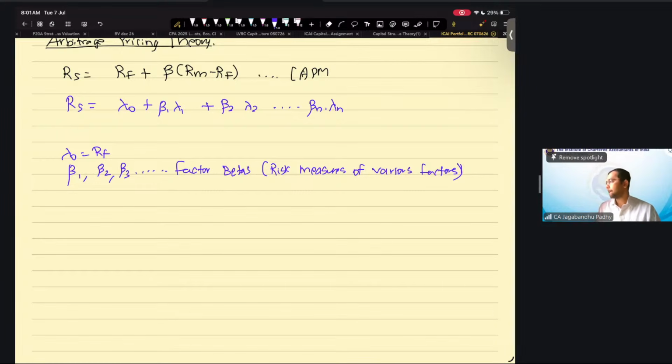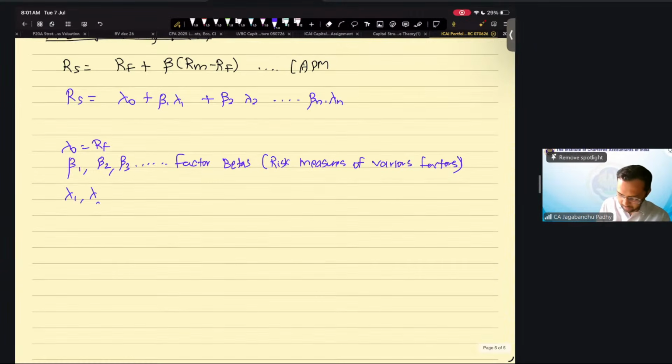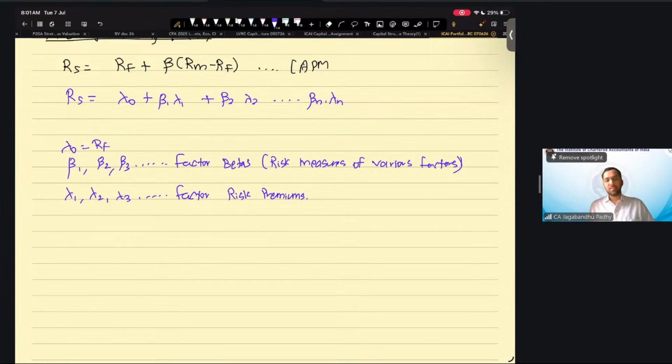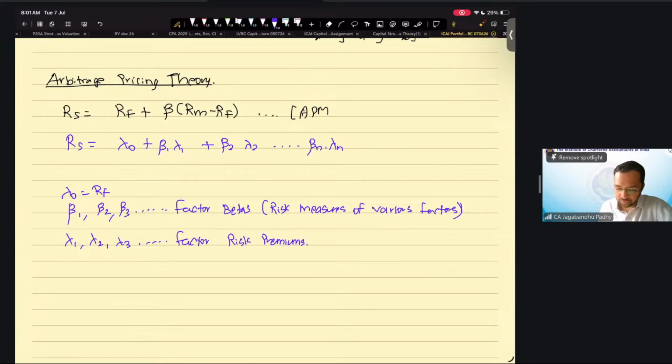That's your beta 1, beta 2, beta 3. And then you have lambda 1, lambda 2, lambda 3. These are simply your factor risk premiums. Okay. So this model is going to capture the risk coming from the various sources.